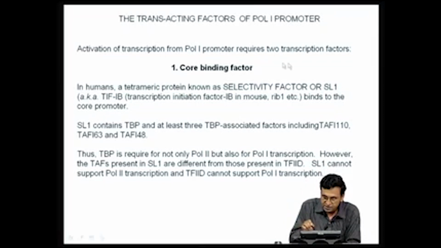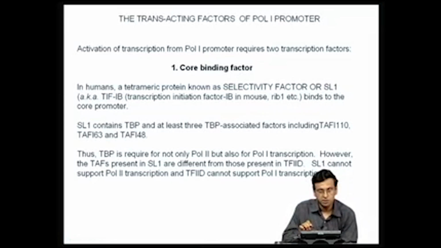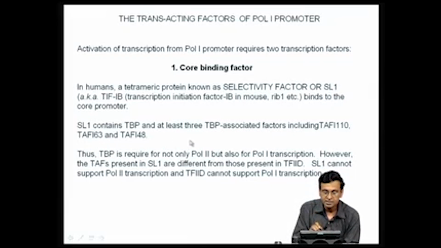Now, it is this SL1 factor which actually binds to the core sequence of the RNA polymerase I promoter. What is this SL1? What is this selectivity factor 1? SL1 actually contains the TATA binding protein and at least 3 TBP associated factors which are designated as TAF1 110, TAF1 63, TAF1 48.